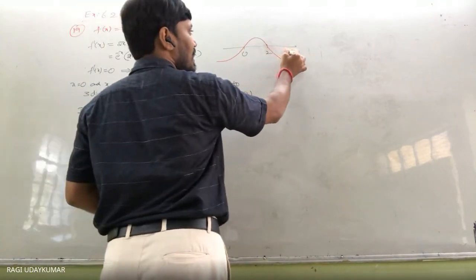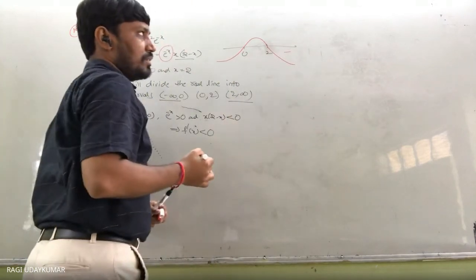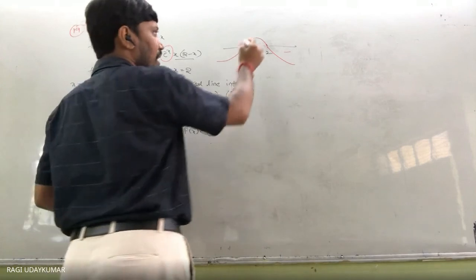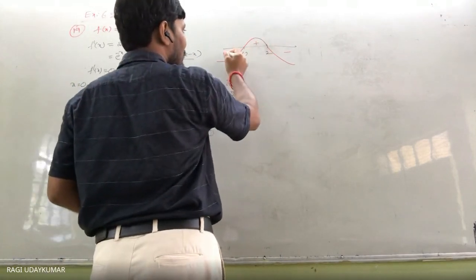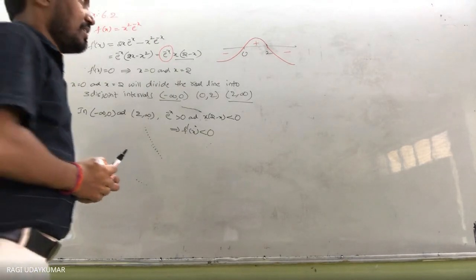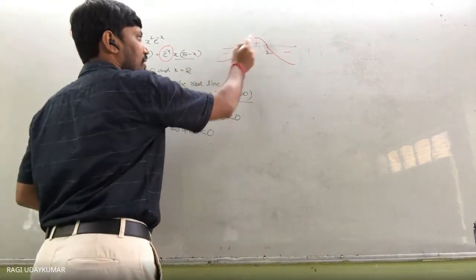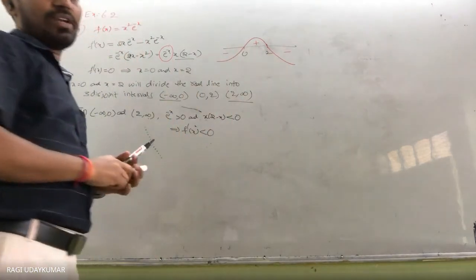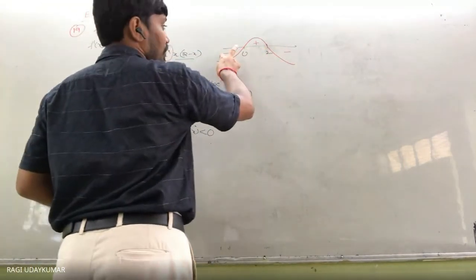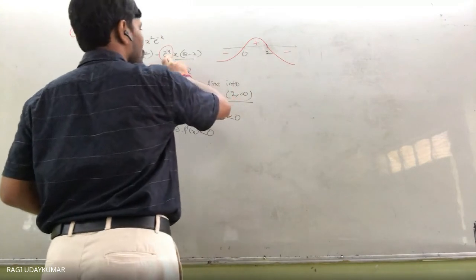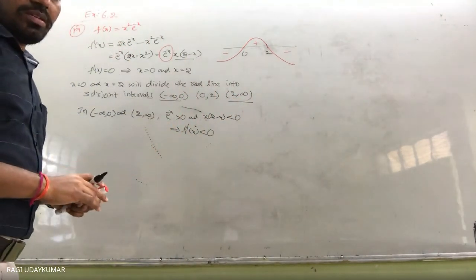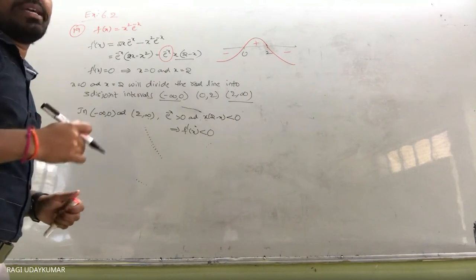In this interval it is negative, in this interval it is positive, and here negative. See why? Because here and here it is negative, and here positive. That is how we are going. Whenever you take that, it is negative, e power x is positive, so that's why f dash of x is negative.